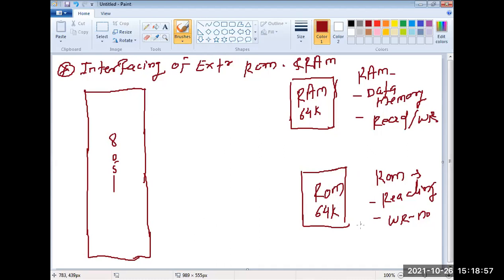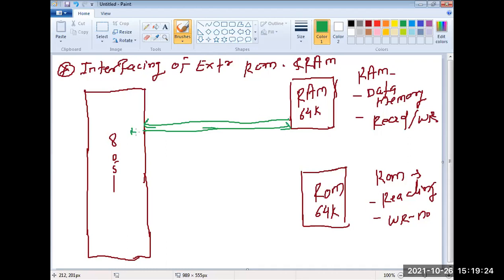So mainly for the ROM, only the read pin needs to be connected. But in this case, I need to have the read and write pins connected. So I am directly connecting the first two pins, read and write bar. This is going to be read. In the previous case, yesterday, I told that the diagram was a little different.